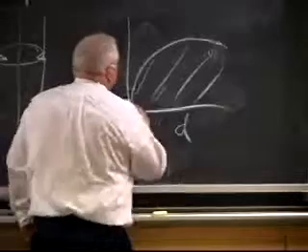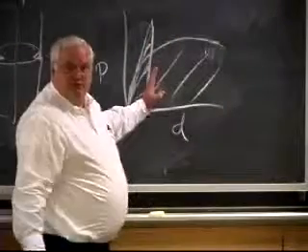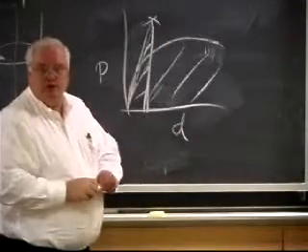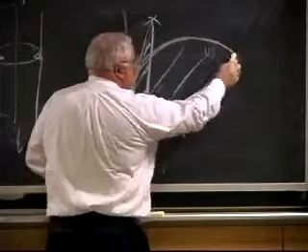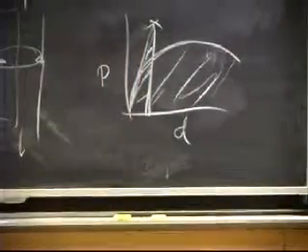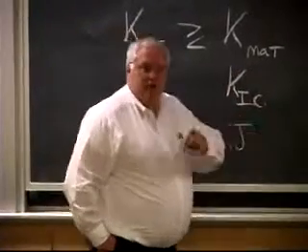Brittle material goes like that and fractures, and the area under that's not very high, so you just measure the peak stress intensity. But for a ductile material, where the thing stretches and deforms, you have to do what they call a J integral, which is a sort of equivalent fracture mechanics number to this. Now I may have missed your question.